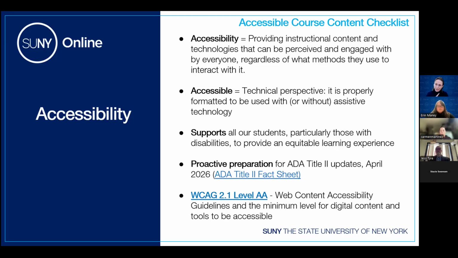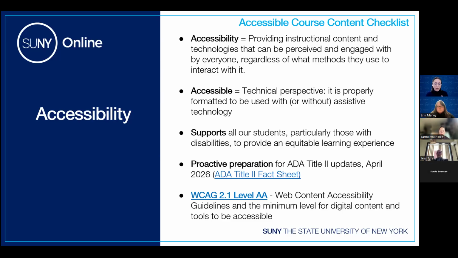However, in the upcoming months, we are doing it to ensure our content is accessible in proactive preparation for ADA Title II updates that take effect in April, when we will need to have all of our digital content and tools be accessible from the course start, not retroactively by request, as has been in the past.